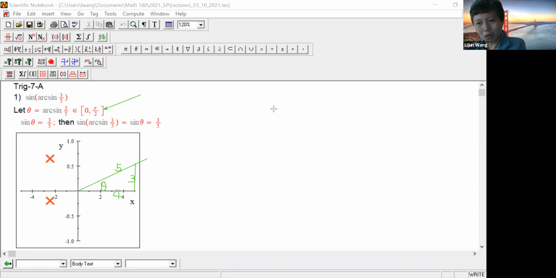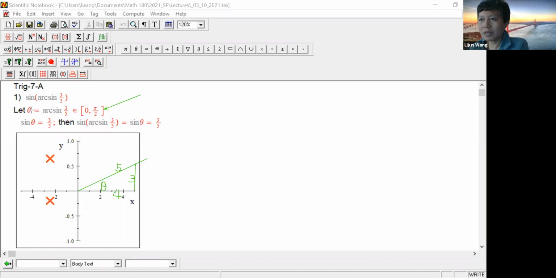The domain is between -1 and +1, and the range is between negative pi over 2 and pi over 2. In particular, when the ratio is positive, the angle is going to terminate in the first quadrant, measured from the standard position, a counterclockwise measurement.